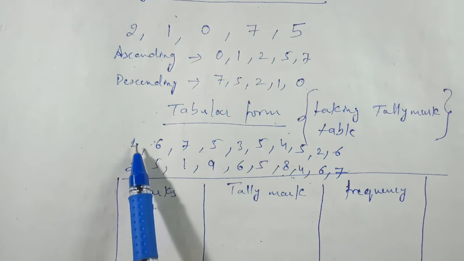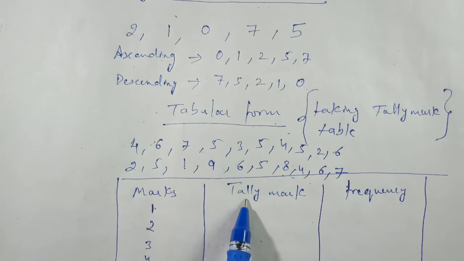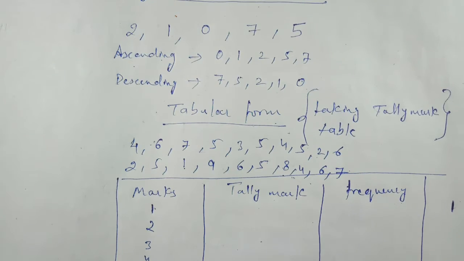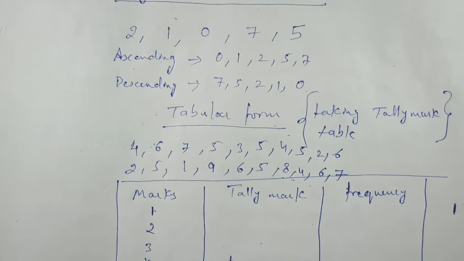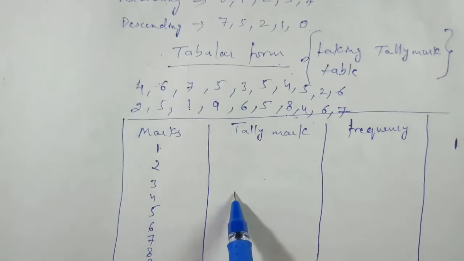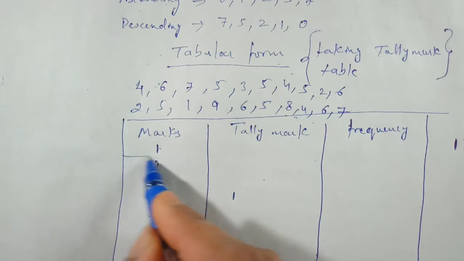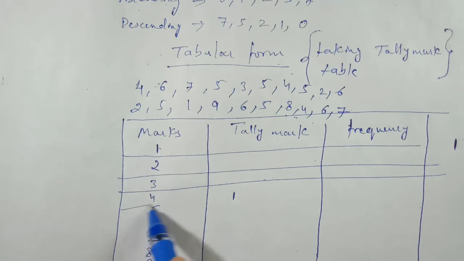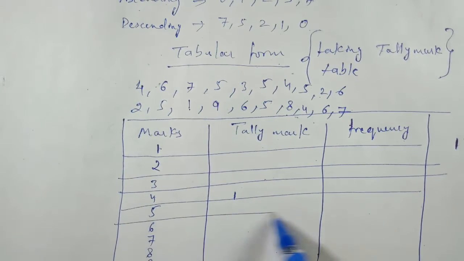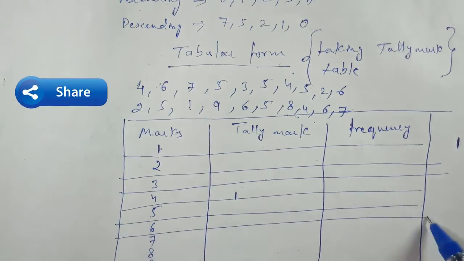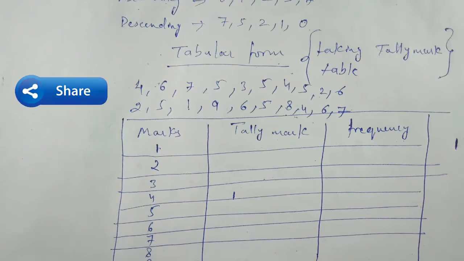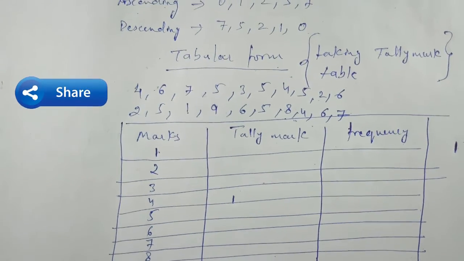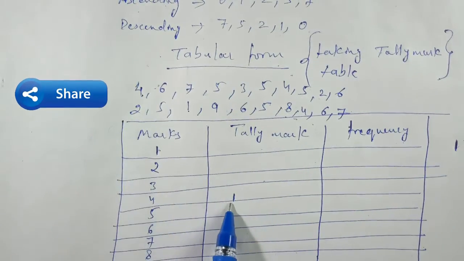The first number is 4. For making the tally mark, we make a standing line. So in front of 4, we draw a standing line. Let us make rows also, so that it can be easily seen which number is repeated how many times. So 4 is one time.